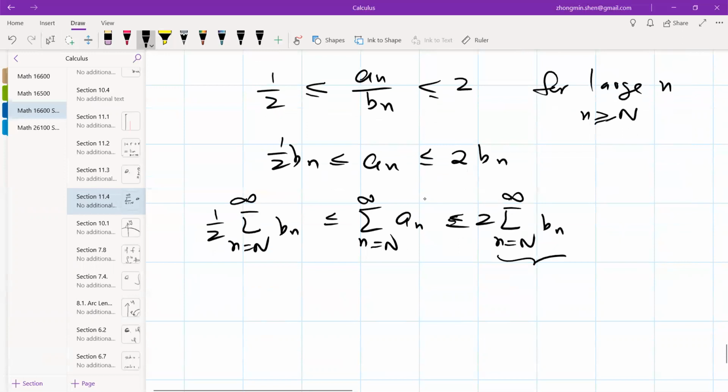So I know this is finite, and this is finite. So the middle one must be finite. Okay, that's the idea. But you don't need to repeat this argument over and over again. You just say by the limit comparison test. That's what you have to mention. The limit comparison test contains the idea of the proof. You don't need to rewrite it over and over again.